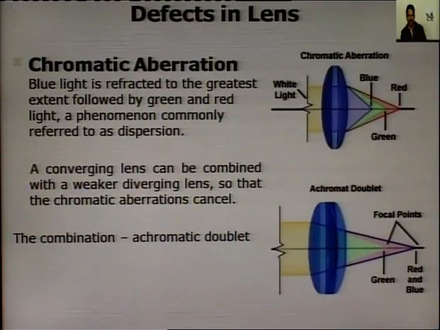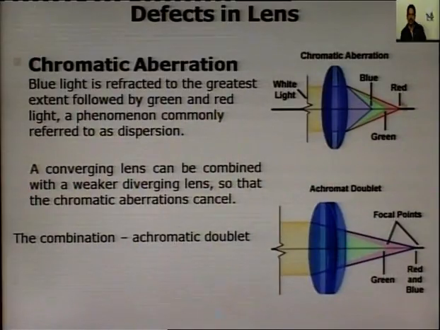Because of the dependence of refractive index on the frequency of light, different colors of light will be brought to focus at different positions. So, blue will bend maximum and red will bend minimum. So, a white point on this side of the lens will appear to be colored on this side of the lens. We will get 7 points corresponding to each color.